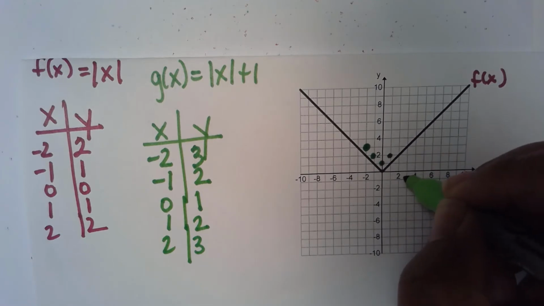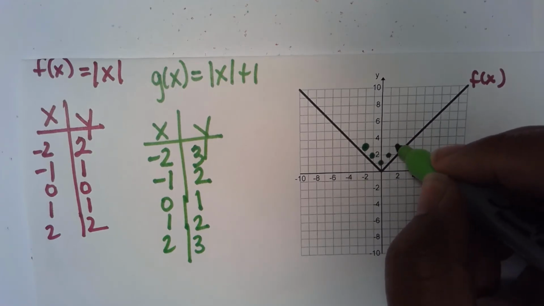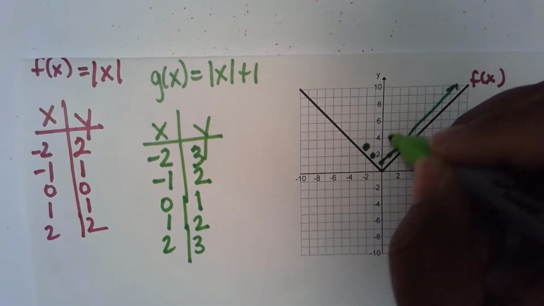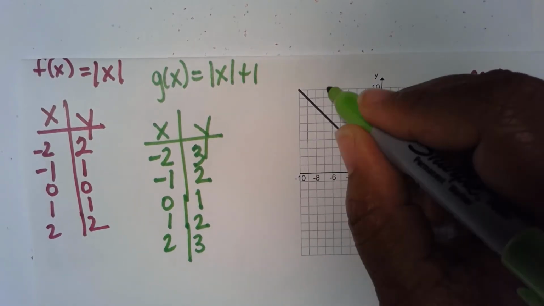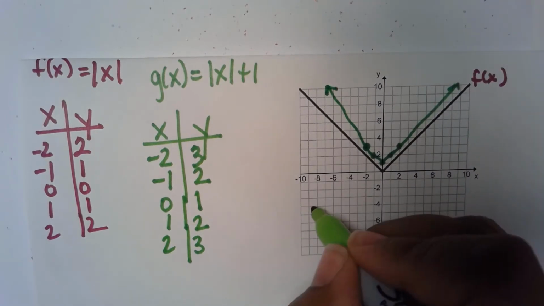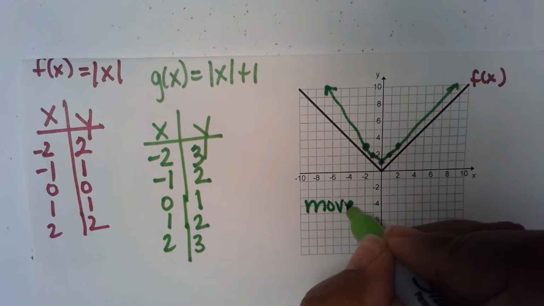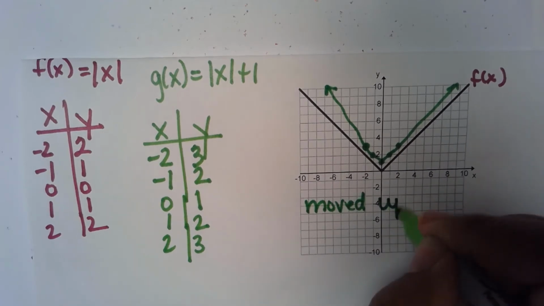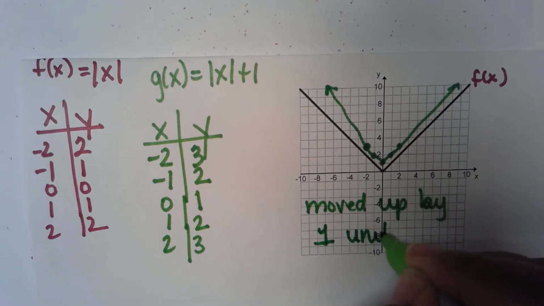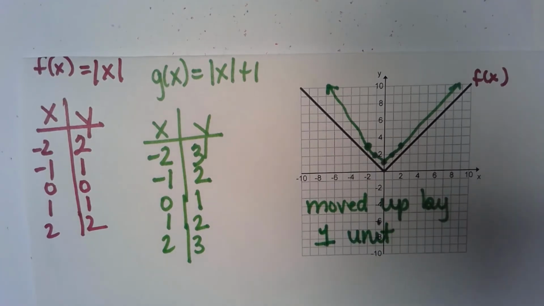And we have 2, 3. Still a V-shaped graph, but what happened? Our g of x graph moved up by 1 unit. There we go.